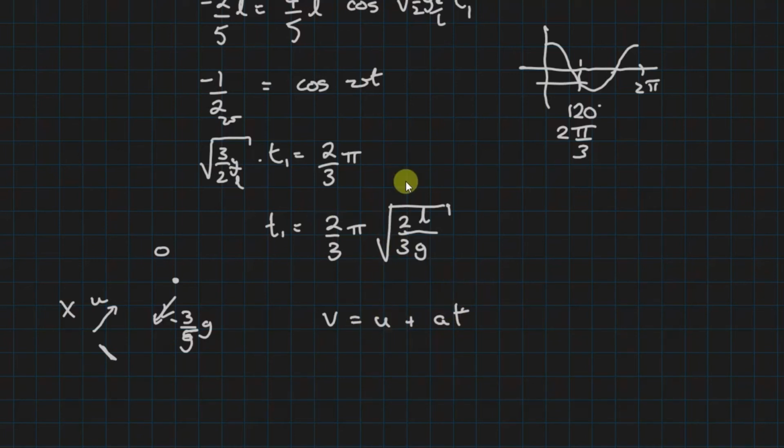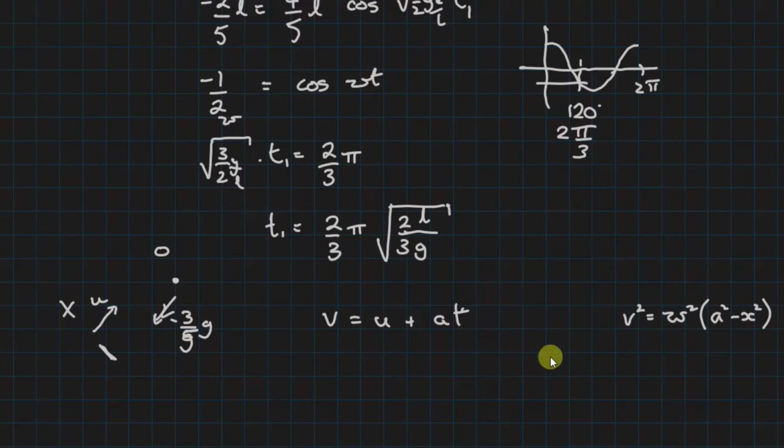Now that starting velocity is a standard equation. The velocity at any point in time is the square root of omega squared times amplitude squared minus displacement squared. Okay, so we need to drop those values in to find out what the velocity was at this starting point.